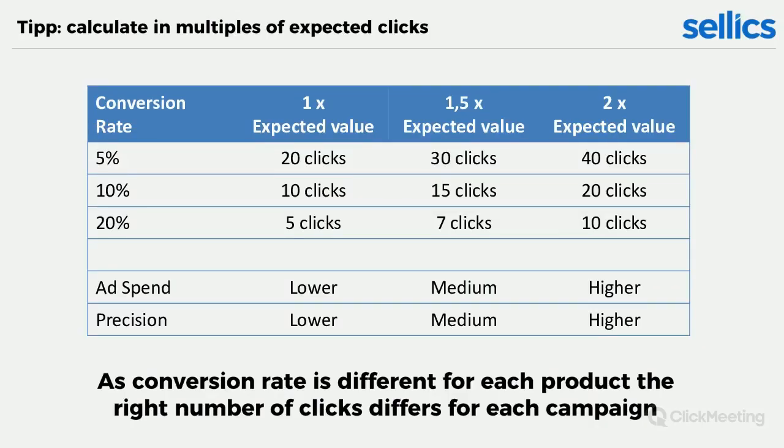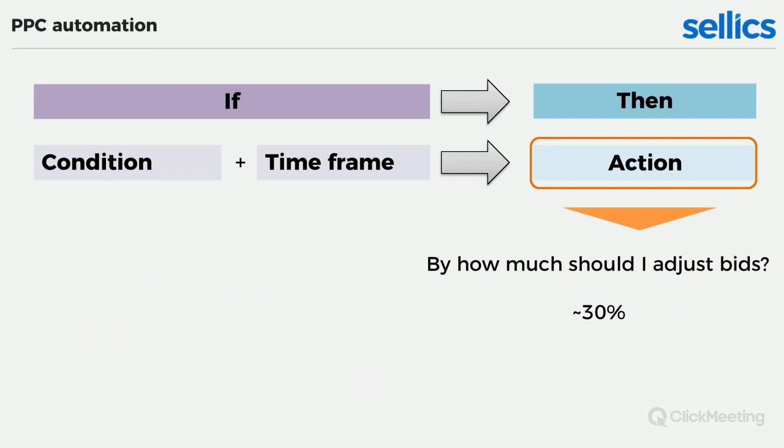And then finally, the last question that many sellers have is, by how much should I actually adjust my bid, right? So by how much should I increase or decrease my bid? Basically, what we give here as a rule of thumb is just to go with 30%. So we suggest that 30% is a good rule of thumb. If you choose something less than 30%, then the changes are just too small to really have an impact.